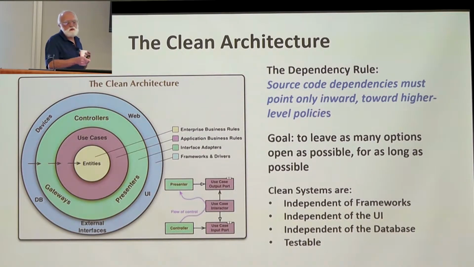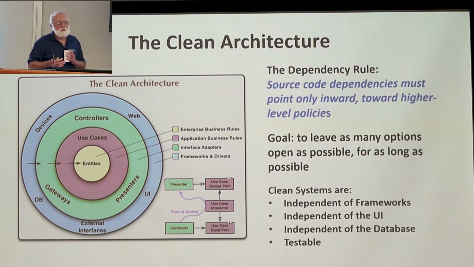This way, they are decoupled from the frameworks you're using. And if you build your project this way, they become independent of the frameworks you use, independent of the UI implementation, and independent of the database you use as persistent storage.